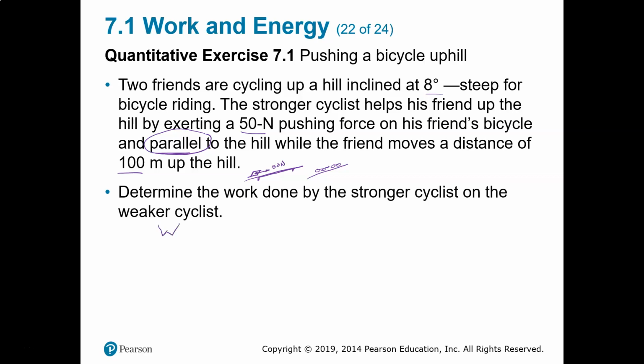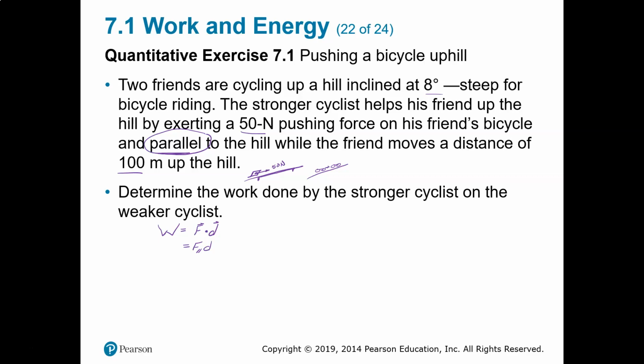I'm going to keep saying that because it is a vector product, specifically a scalar product. We have two vectors. We are going to multiply them together in a very special way. Basically, work is the force parallel to the motion times the displacement that we travel along that motion.